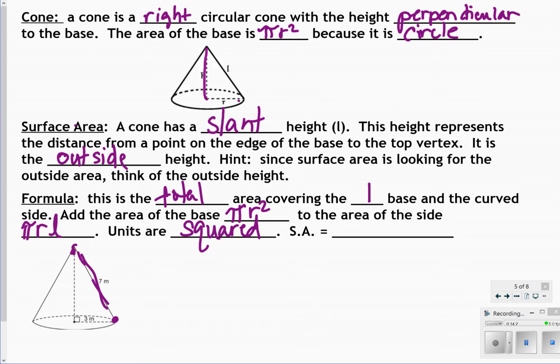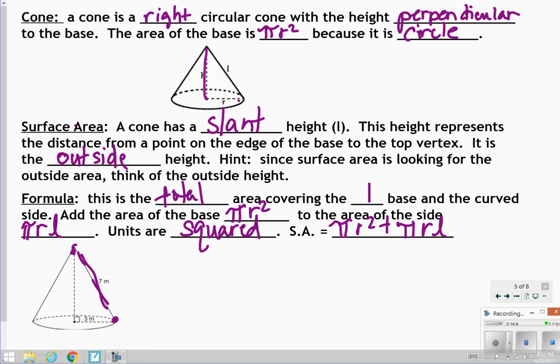All right, so our formula is pi r squared plus pi r L. Let's go ahead now and work this out.